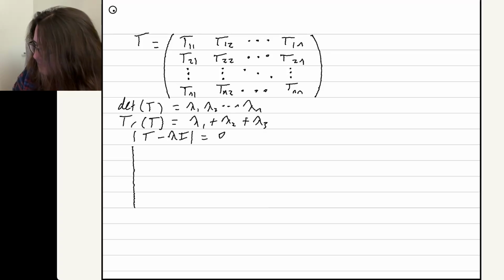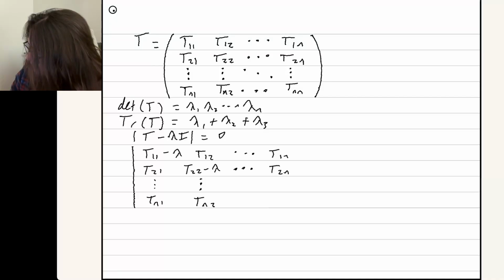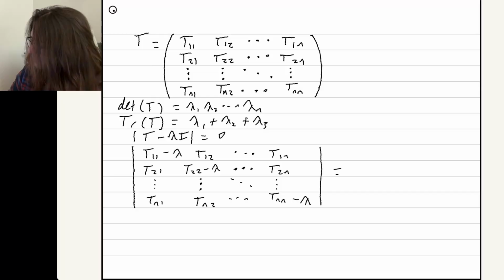So for us, that's the determinant of the matrix with T11 minus lambda, T21, dot dot dot, Tn1, then T12, T22 minus lambda, and so on, down to Tnn minus lambda for the last term. You take the determinant of that, you get 0.